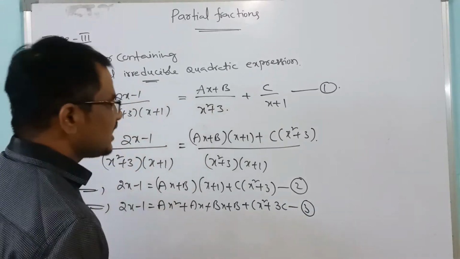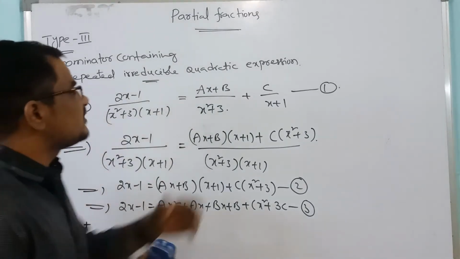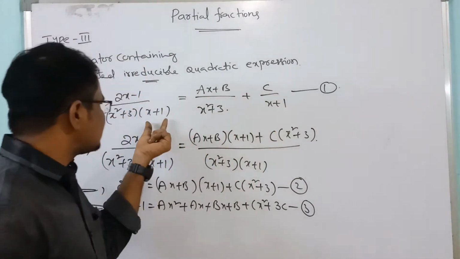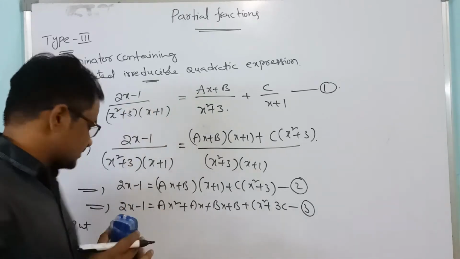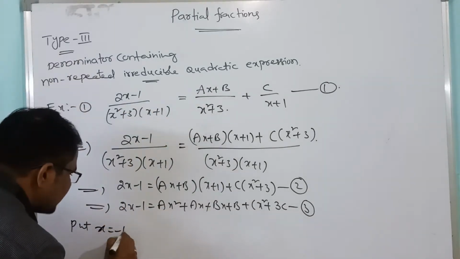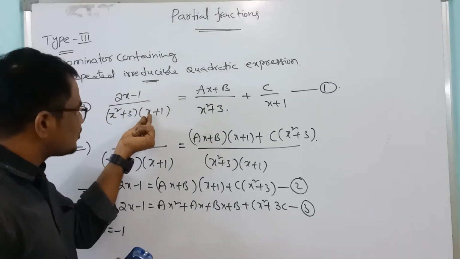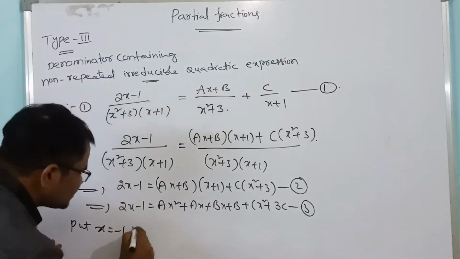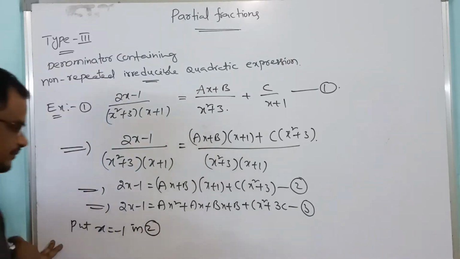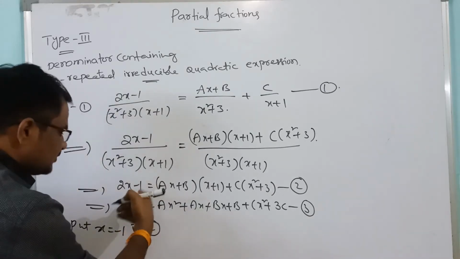Now after that we have to substitute. So what are the substitutions? Only one substitution is there. Only one linear is there, no? So how to get this as 0? By substituting x = -1. Now put x = -1, because only one linear is there. In that, how to get this as 0? x = -1, so -1 + 1 is 0. So if you substitute in which equation? In equation number 2. So what will we get here?